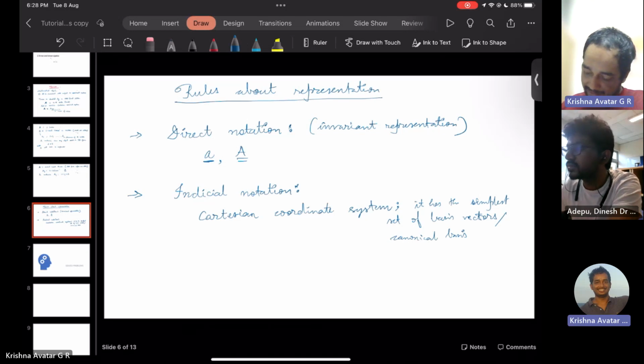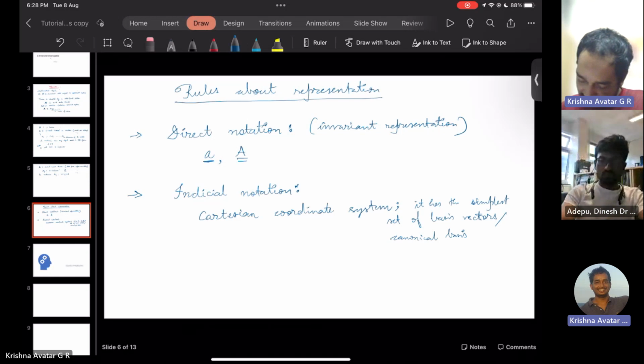And this coordinate system is what all of us are familiar with from our school days, in the sense that when we draw a Cartesian system, I'm just taking a 2D Cartesian system, we have x and y coordinates, this being the origin. So this is a 2D system.